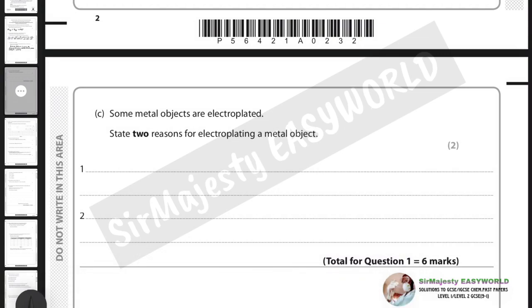Reason is actually, electroplating is what first? Electroplating is the covering or the coating of the surface of a metal by another metal that is more shiny in order to protect it mainly from corrosion. So from this definition, one can infer 2 reasons. One is to protect the metal from rusting or corrosion.